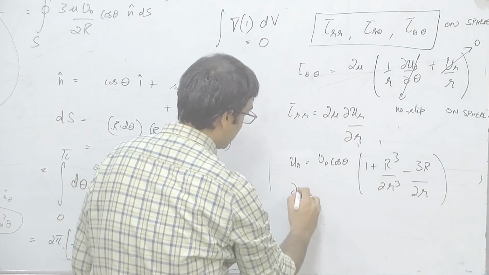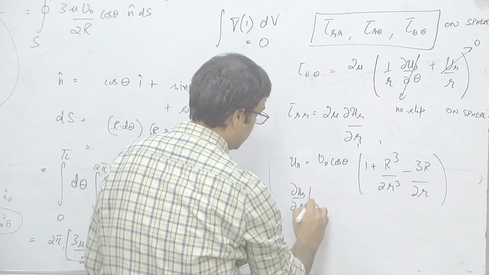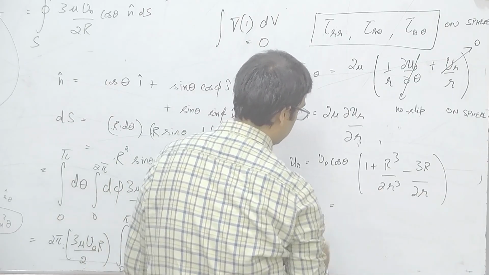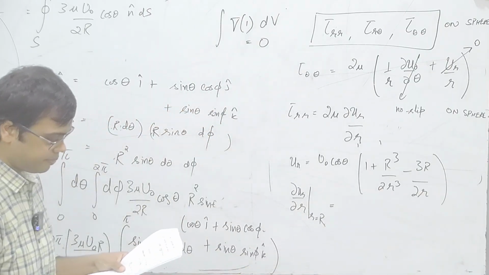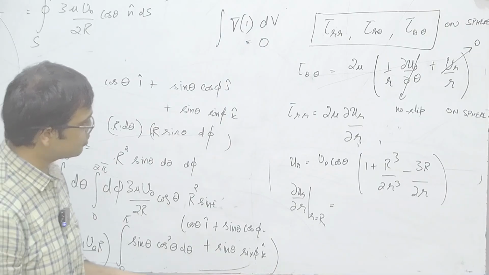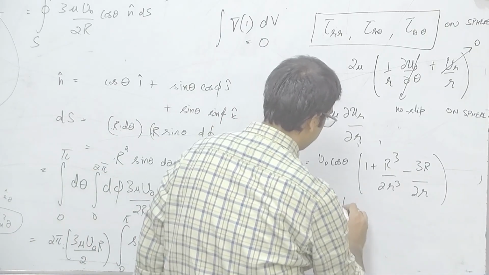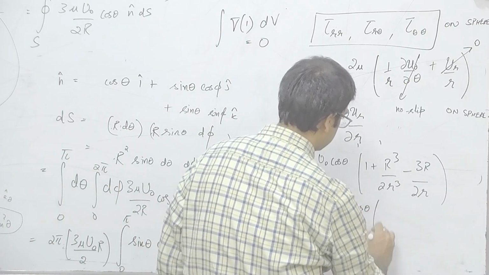I need del u r over del r at r equals capital R. What is it going to be? So it's going to be u naught cos theta.